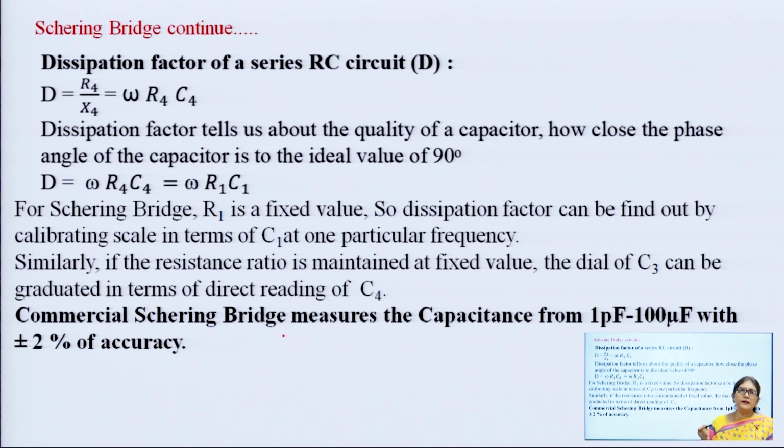Similarly, if the resistance ratio is maintained at a fixed value, then the dial of C3 can be graduated in terms of direct reading of C4. So, similarly, we can directly compare C4 in terms of C3. Commercial Schering bridges are used to measure capacitance from 1 picofarad to 1000 microfarad with an accuracy of plus minus 2 percent.